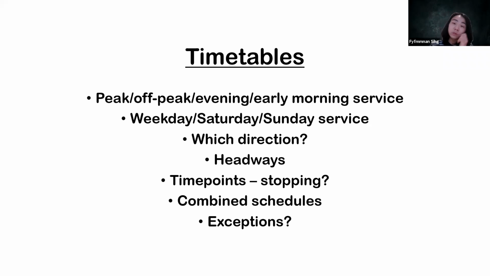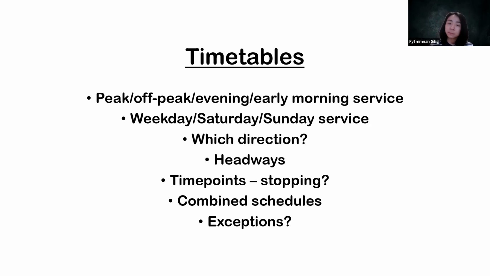Evening and early morning service are kind of inverses of each other. Evening service basically occurs after the afternoon rush hour. And the idea is that people will ride transit less and less as the night progresses. So therefore, buses or any form of transit will come less and less frequently further into the night until transit service stops altogether.